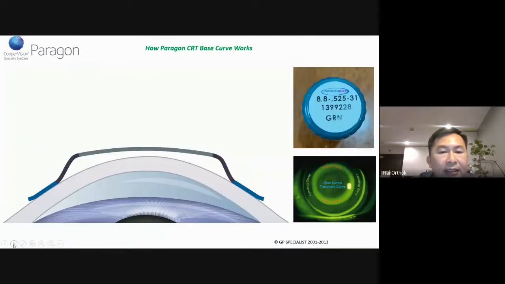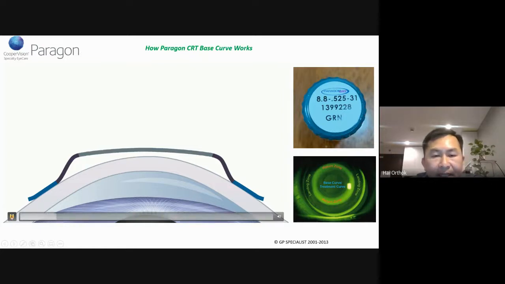All right, and in the next slide, I will show you how the proximity control works on Paragon CRT. So this is the base curve, and you can change the base curve by 0.1 diopter. When you increase 0.1 diopter flatter, this means the lens moves down.